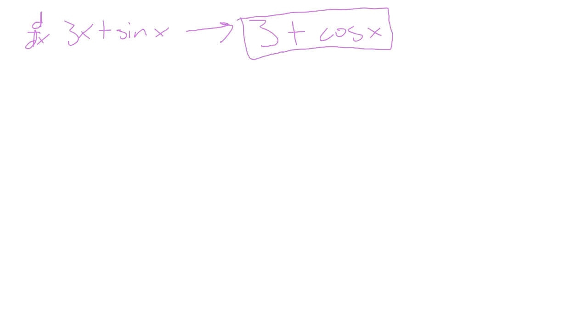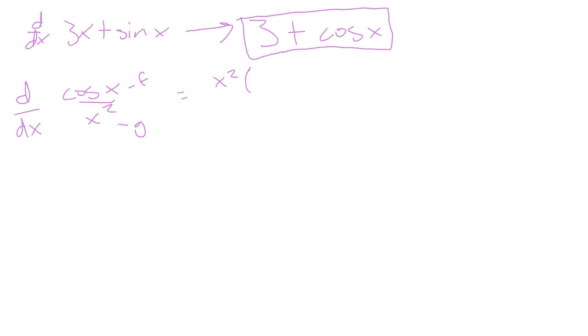So now let's try another one involving cosine. This one we want to find the derivative of cosine of x over x squared. So now let's get a little bit of practice with our quotient rule. We know our cosine of x is going to be our f, and our x squared is our g. So we're going to say that we have our g, which is x squared, times the derivative of our f.